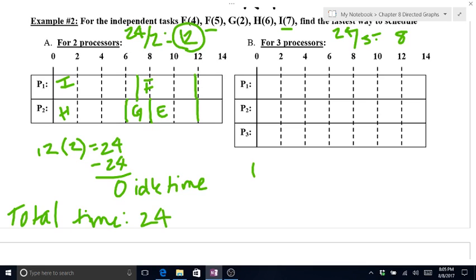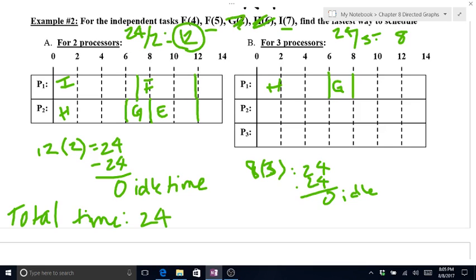Because we've got 8 times 3, which is 24 minus 24. It should be 0 idle. Let's see what happens. What can I pair together to get 8? Let's see. H and G. H takes me to 6, G takes me to 2. So we've done H and G.